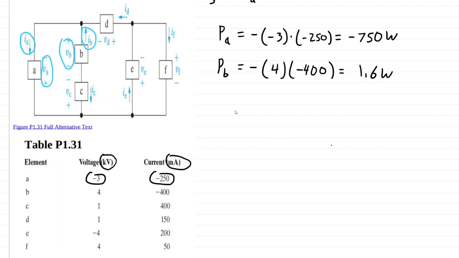For PC, once again, minus to plus is the direction of current flow. So we are going to have a negative in front, and we have 1 kilovolt times 400 milliamps.